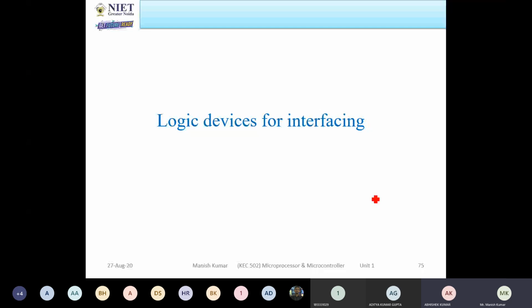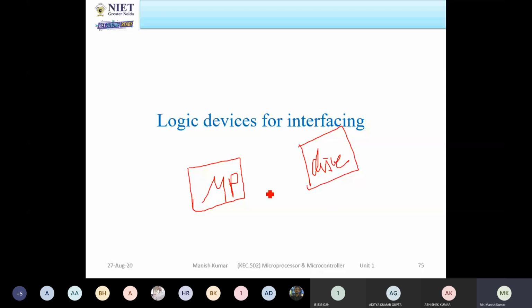Okay, then we can move to the next topic, which is called logic devices for interfacing. Let us consider you have a system. You have a processor, and another device. If you want to connect these two directly, you can't connect them.